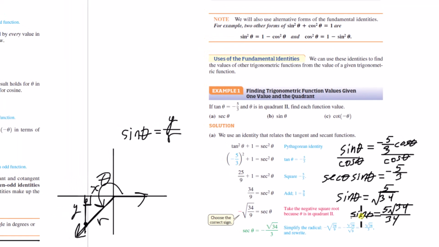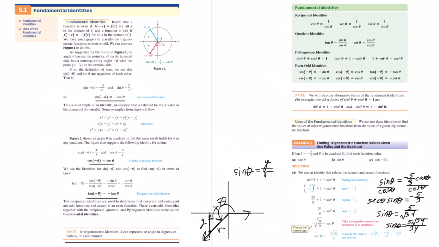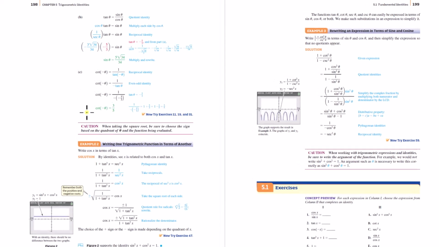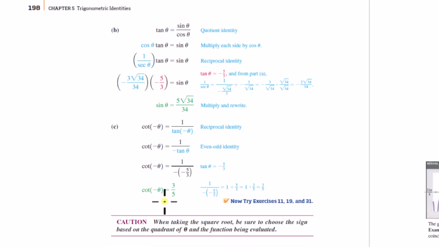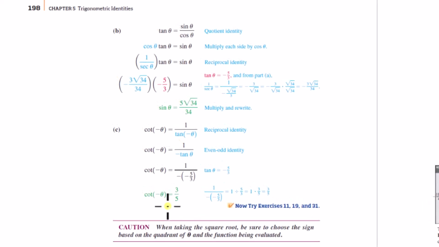And yeah, there you go. But again, we could have potentially used, so cotangent of minus theta is 3/5, but cotangent of minus theta is equal to minus cotangent theta. So minus cotangent theta is equal to 3/5. So cotangent theta is equal to minus 3/5. We could have used this too.